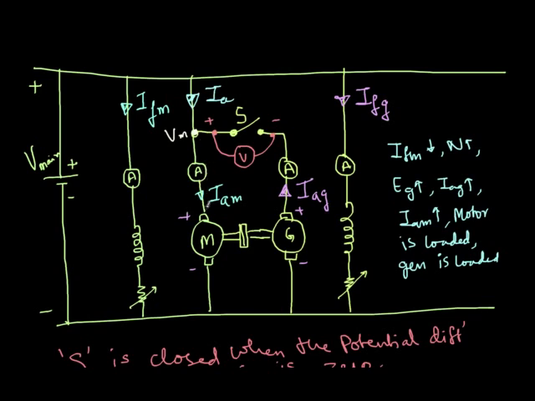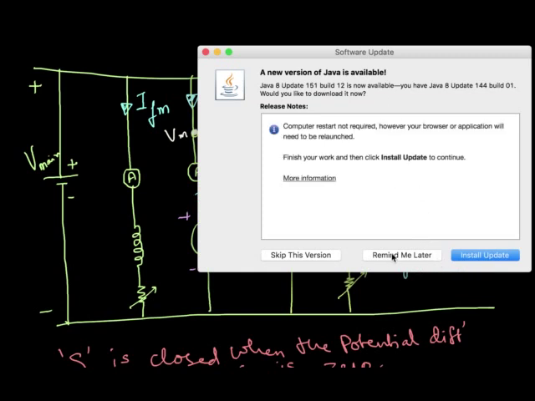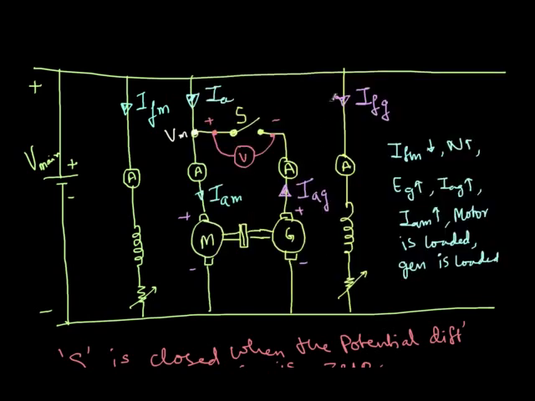So the full current is flowing in IM and in IG, and the effect of loading the machine comes into the picture. That's an advantage. Another advantage is that whatever we take from the main supply is only the current for supplying the losses of the entire experiment in both the machines. We are only supplying the losses. So that is another advantage.